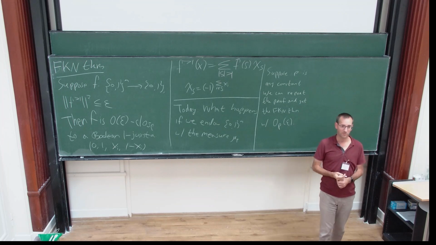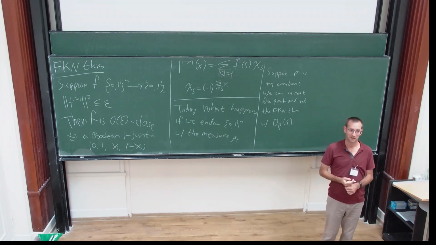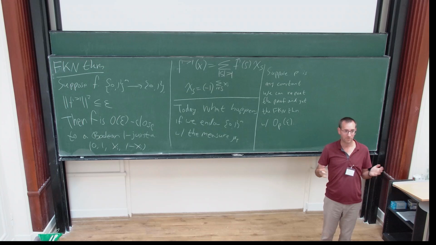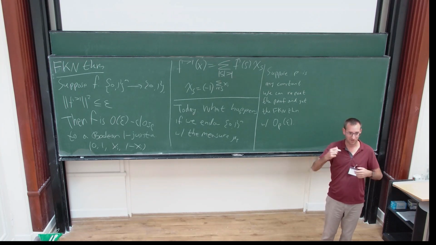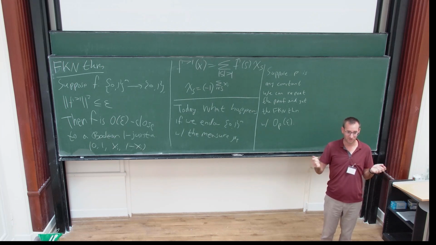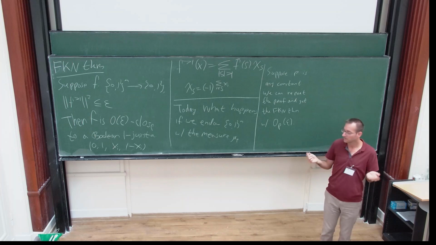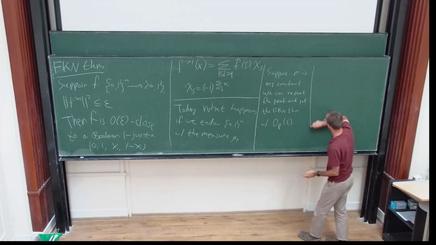I don't know if it's optimal, but you literally repeat the same proof, and I'll tell you what you need to change. In the first part, we looked at this Laplacian, and we used the fact that it's 0, plus or minus 1. Now we need to replace it with the differential operator that Noam defined.